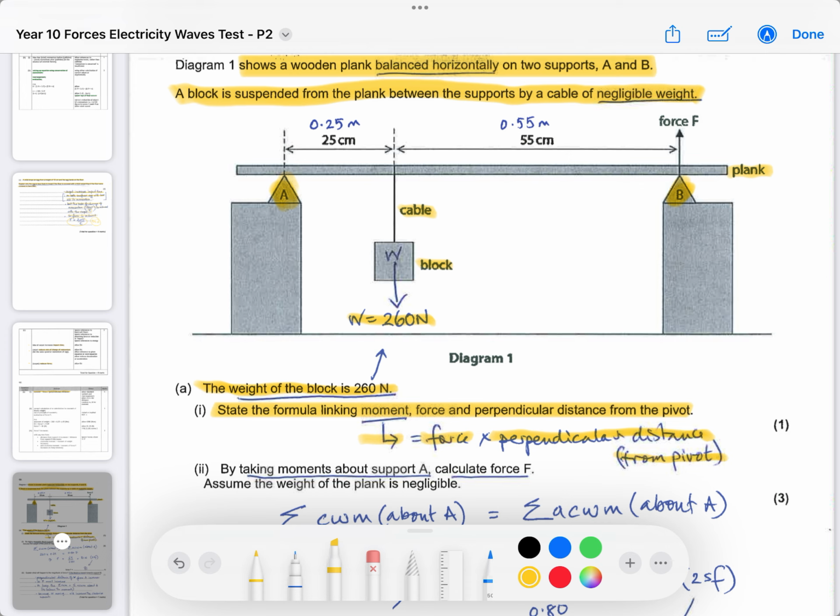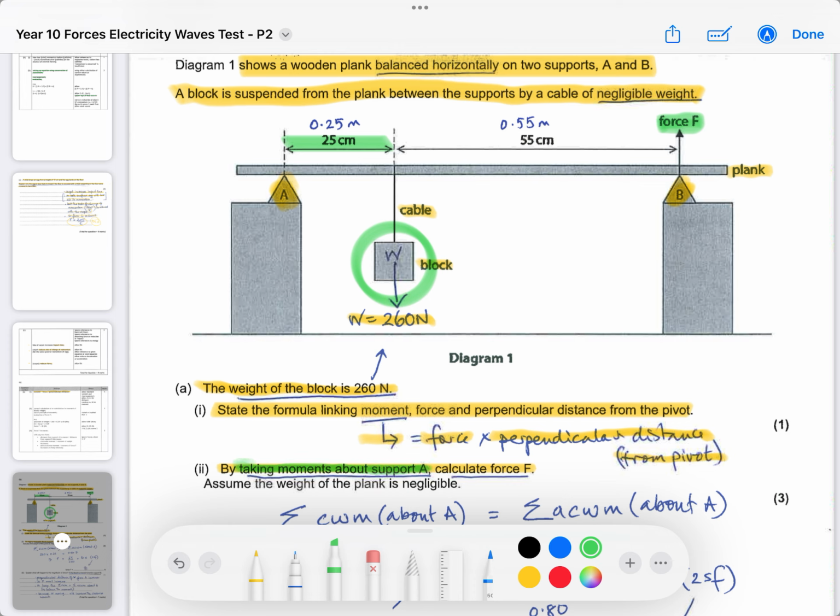So it says in the next bit, by taking moments about A, support A, calculate force F. In other words, we don't know what force F is. They want us to work that out. Okay? And they've given us the distances from the weight W. I've called it W, the block weight. We need to use this as this is trying to go clockwise. And they've told us to take moments about support A.